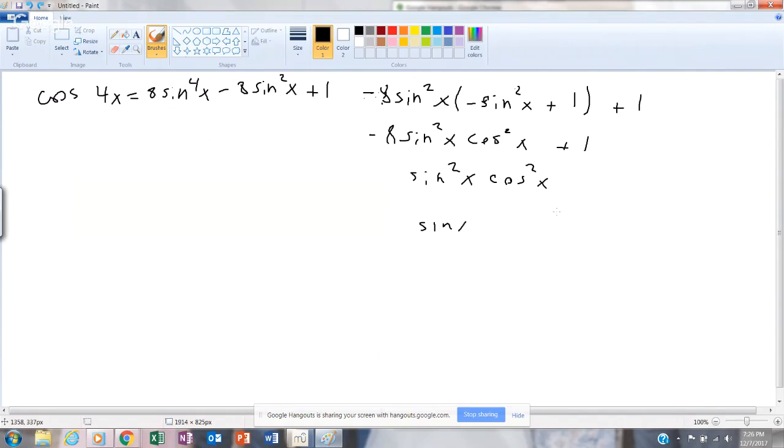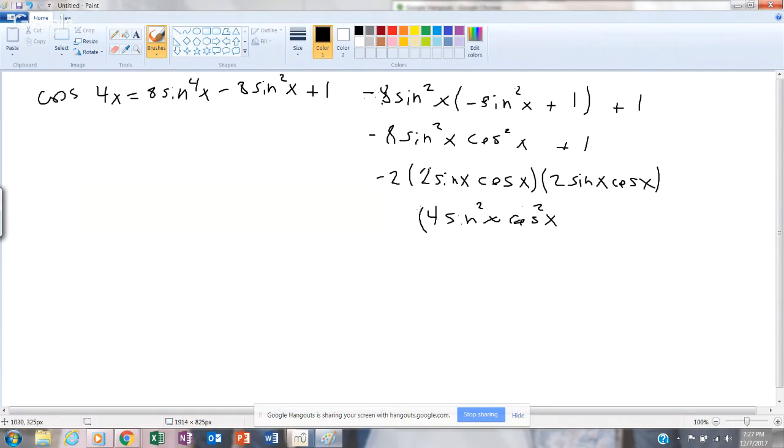So you can rewrite this, let's see, negative 2 times 2 sine of x cosine of x times 2 sine of x cosine of x, because if we factor, we'll get 4 sine squared of x cosine squared of x times negative 2, which would give us negative 8 sine squared of x cosine squared of x.